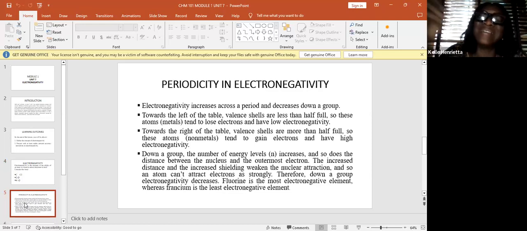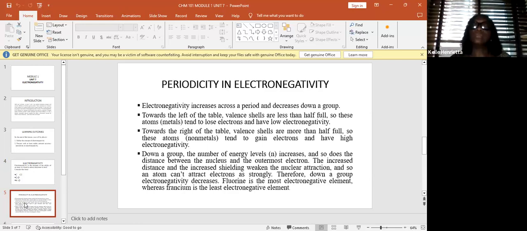So that's why we say they are stable, they are unreactive. But elements in group 16 and group 17 are the ones that have the tendency to do this. So they are electronegative when you look at the elements in the periodic table.